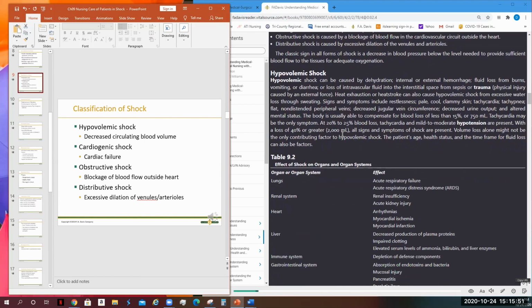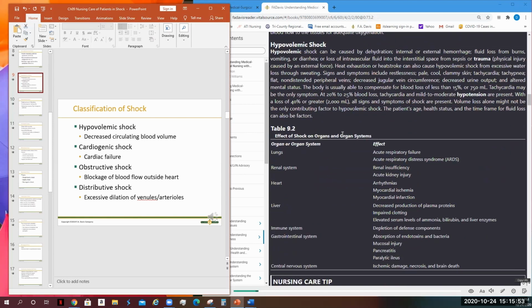Hypovolemic shock. Hypovolemic shock can be caused by dehydration, internal or external hemorrhage, fluid loss from burns, vomiting or diarrhea, or loss of intravascular fluid into the interstitial space from sepsis or trauma, which is physical injury caused by an external force.